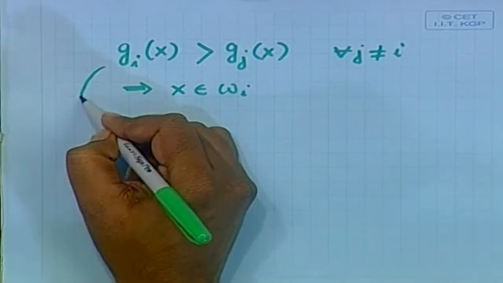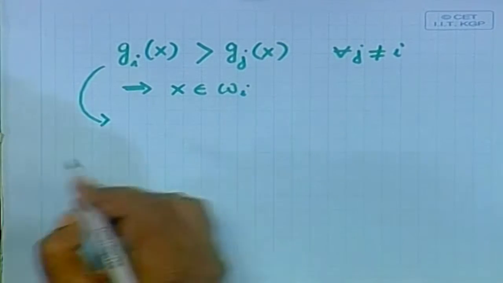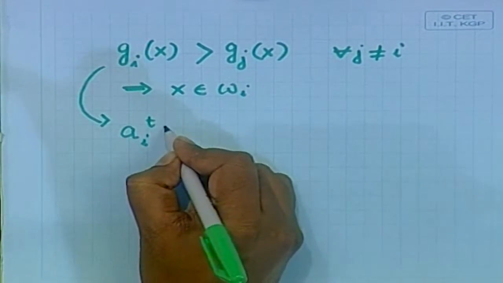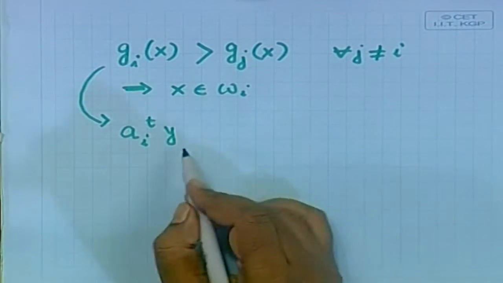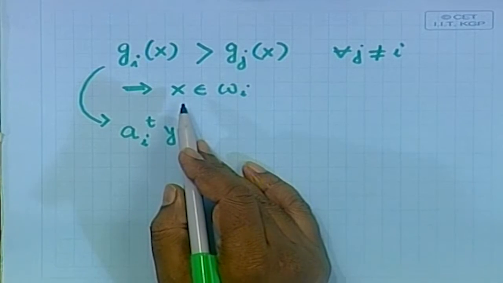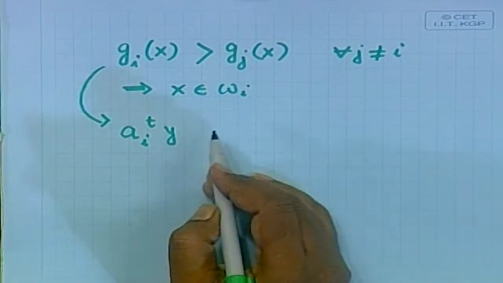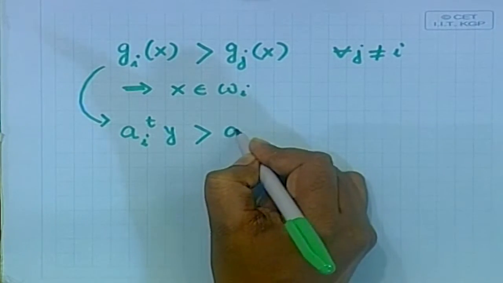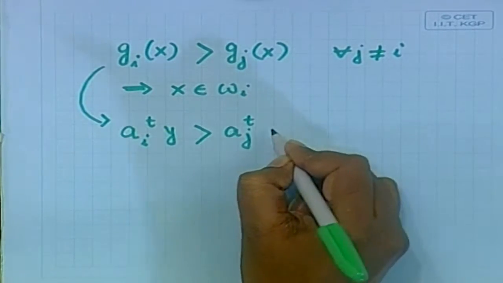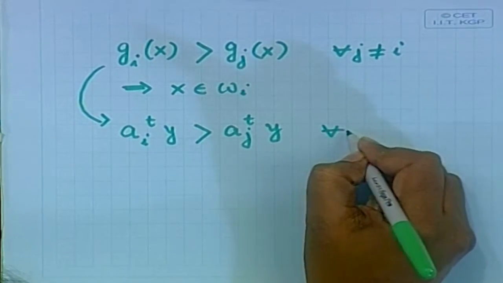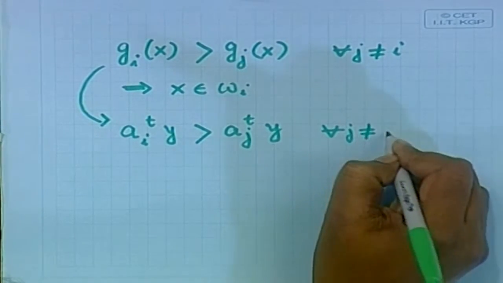Or in other words, if I expand this, it simply becomes a_i transpose y, where y is the augmented vector x obtained by adding 1 to it. So a_i transpose y is greater than a_j transpose y, again for all j not equal to i.